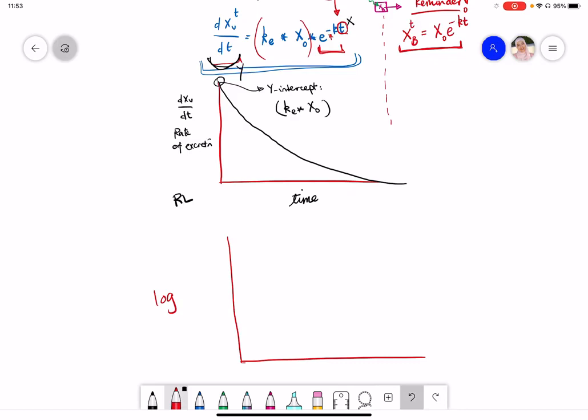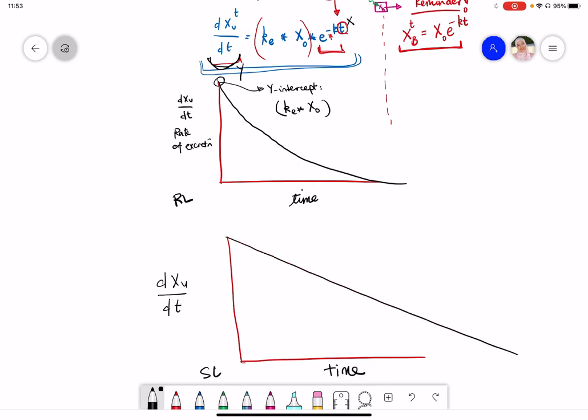Sorry, semilog profile. I won't transform it yet. So semilog dxu over dt versus time, because we are following first order kinetics, and the y-intercept again is X naught multiplied by k excretion.